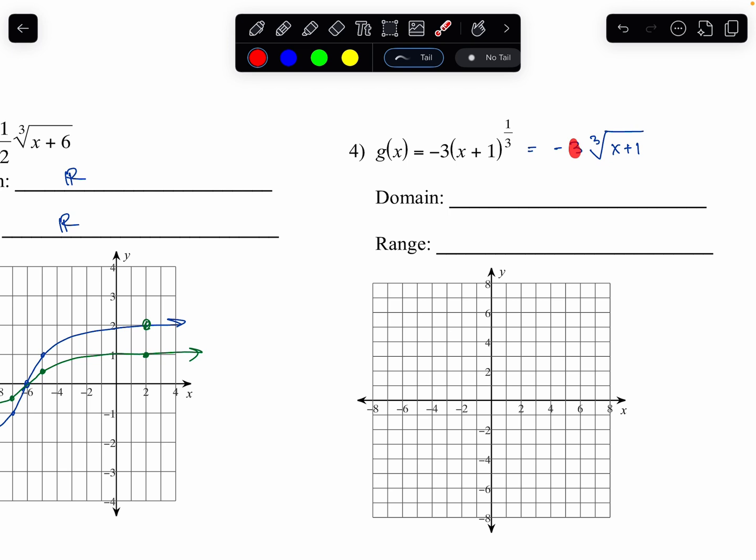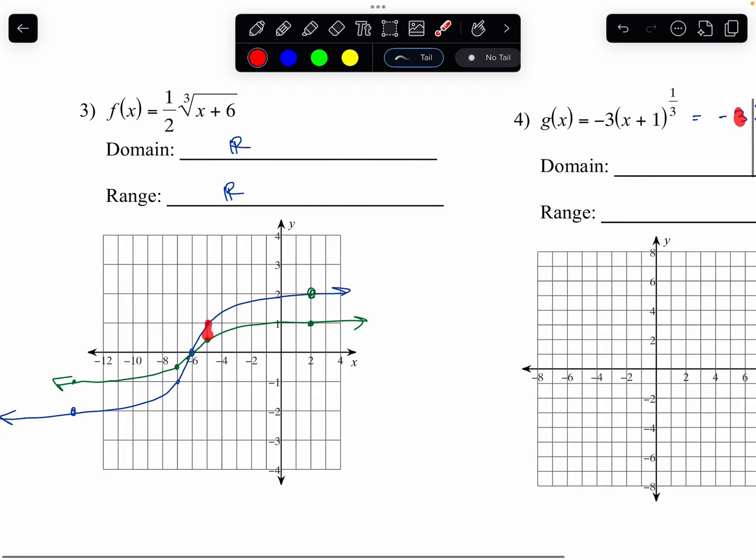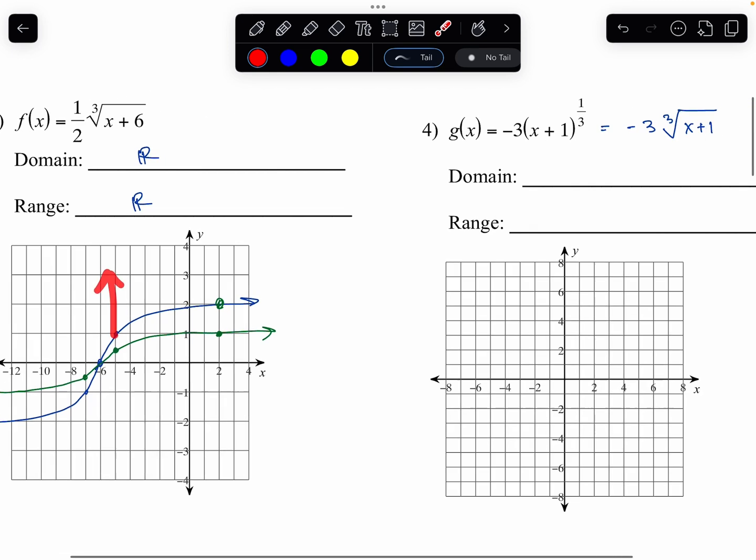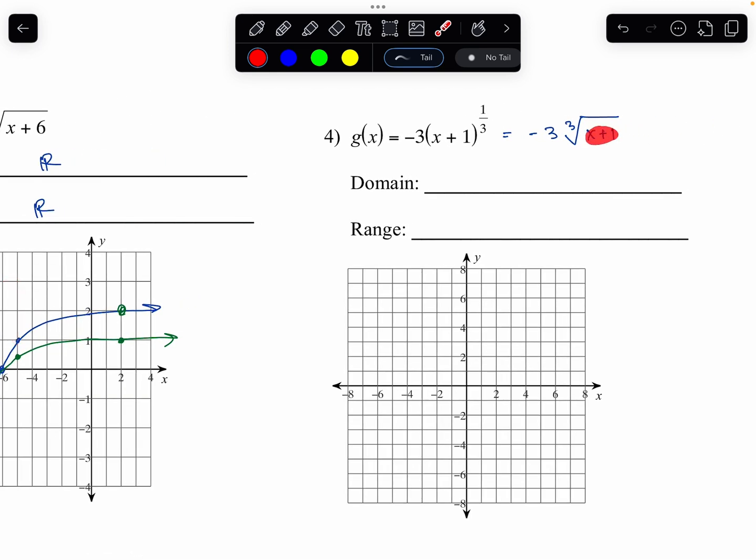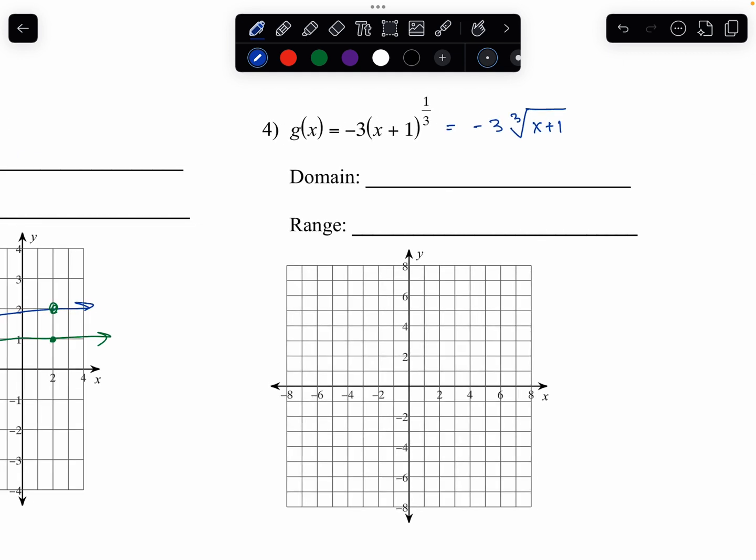It's going to be stretched by 3. In this one right here, we shrunk the values by 1/2. This time they're going to be stretched by a factor of 3, and then it's going to be moved to the right one. So I'm going to move it to the right one first, so that's going to be right here. And then the reflection would make it, so I'm just going to draw it without the stretch for a second, like this right here.